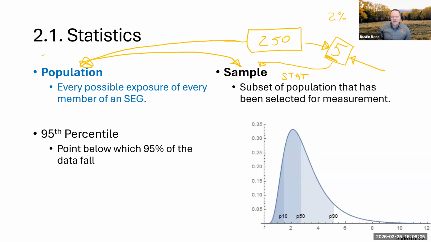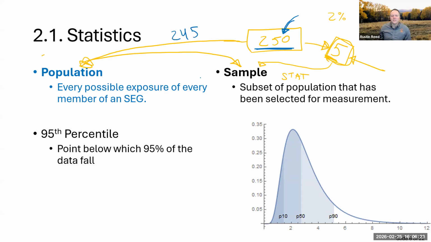We can calculate a confidence interval for our sample, but we can't know where those things are for the population because we didn't collect all of those samples.